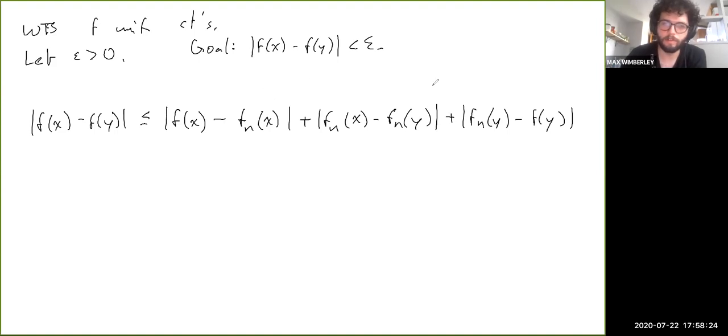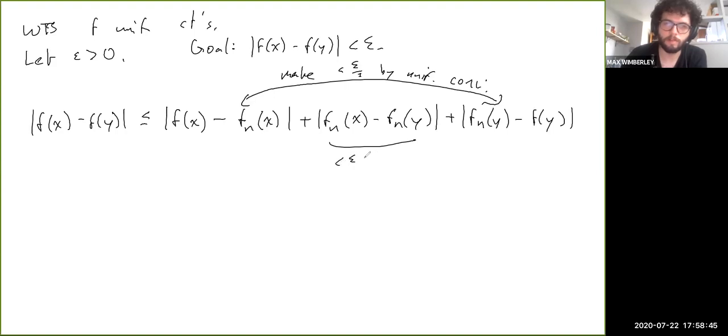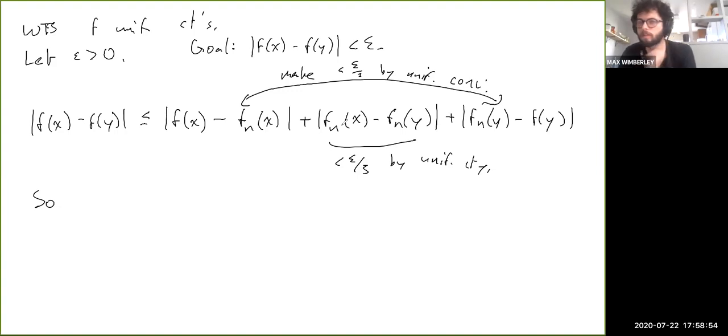So these 2, we can make less than epsilon over 3 by the uniform convergence. And then this one we make less than epsilon over 3 by the uniform continuity, right? So as with the original argument for theorem 24.3, we have to do the outer 2 terms first.